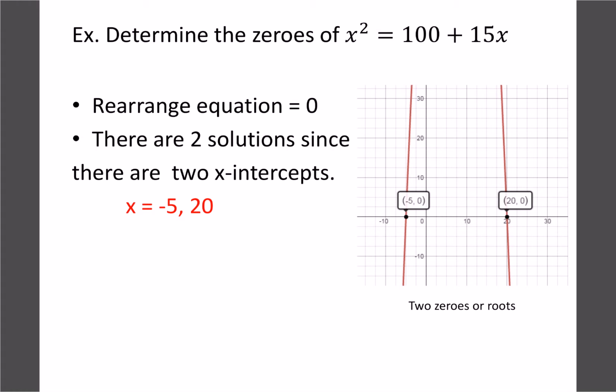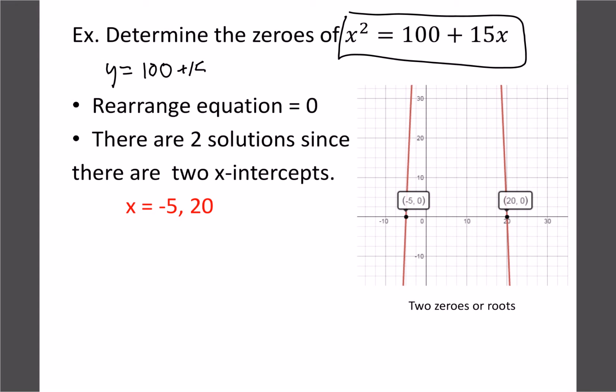Okay, so here's another one with 2. Here's our equation. You can see the equation's not written in equal to 0 form. So that's usually all you have to do, is rearrange it so that it's equal to 0. The easiest way is just bring the x squared over. So you could graph 100 plus 15x minus x squared. That would work. Or if you wanted to bring everything over the other way, you'd go x squared minus 15x minus 100 equal to 0.